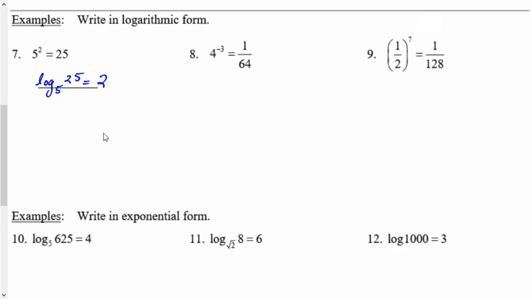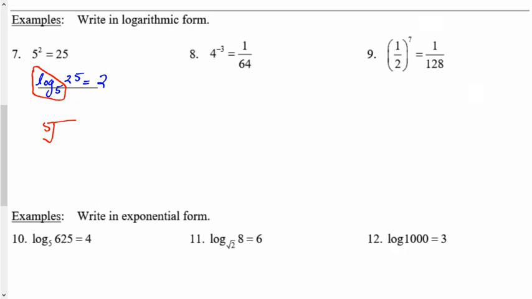It's not 5 to the exponent 25. This 25 is not an exponent for this 5. This log with the base of 5 is a little bit more similar to the idea if I was taking a fifth root of something. I need this index of 5 to describe what this function is doing. I need this base of 5 to describe what this logarithm is doing. So there we have it in logarithmic form.